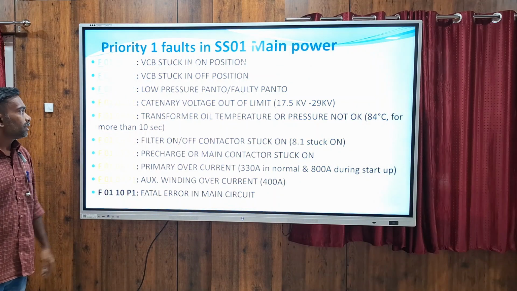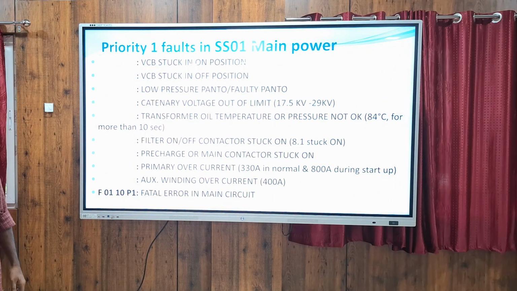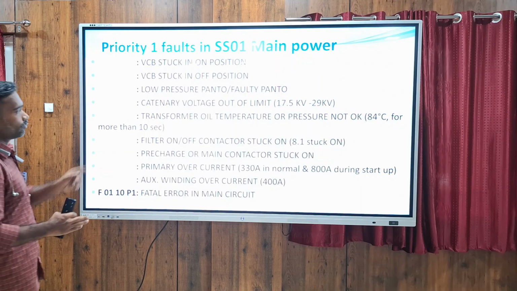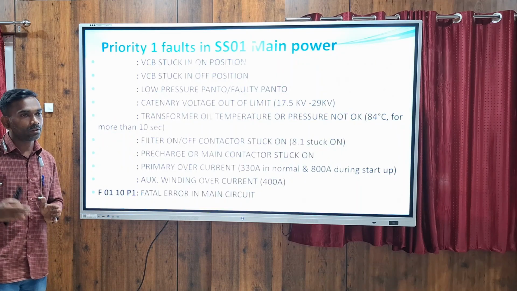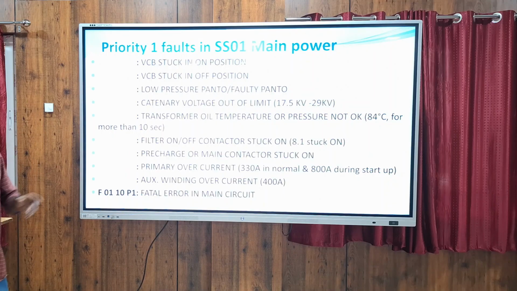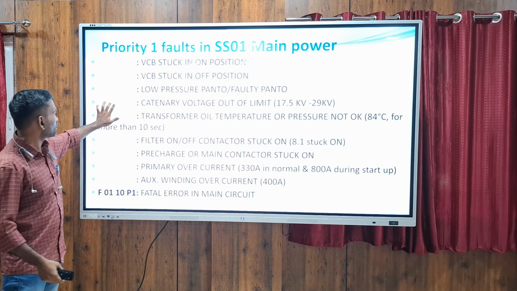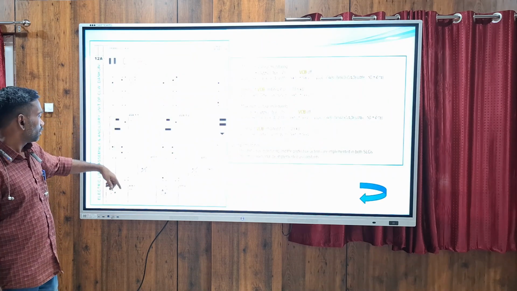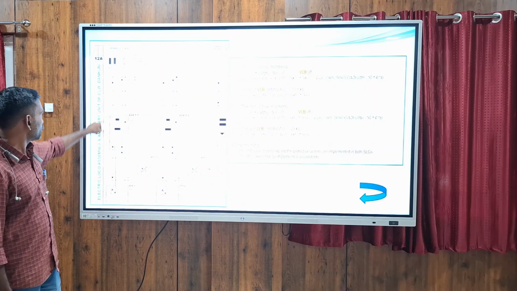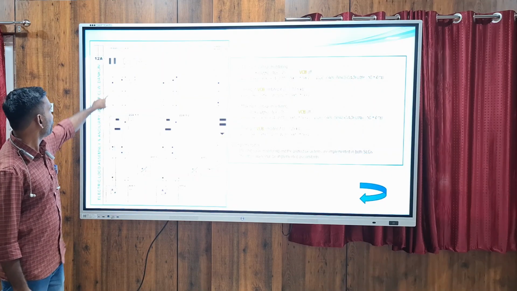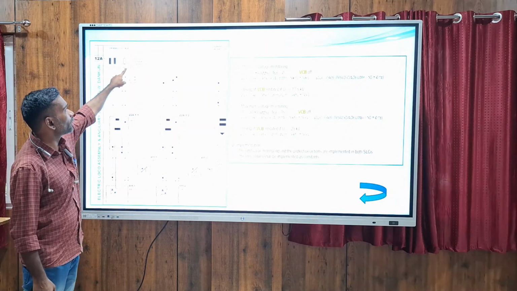Next thing, catenary voltage out of limit. We have a design voltage range between 17.5 to 29 kV. So the catenary voltage must be within this range. If it goes beyond that limit, this fault will come. This fault is identified by the VCU, not SR, through the primary voltage first coming to the primary transformer.